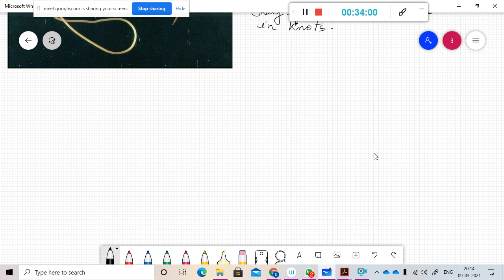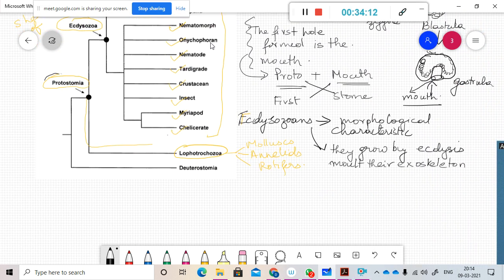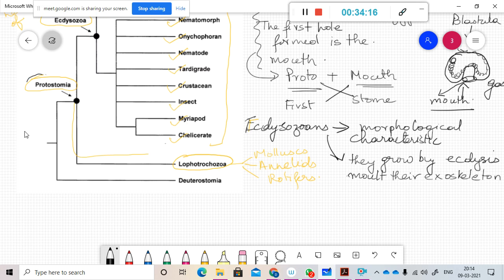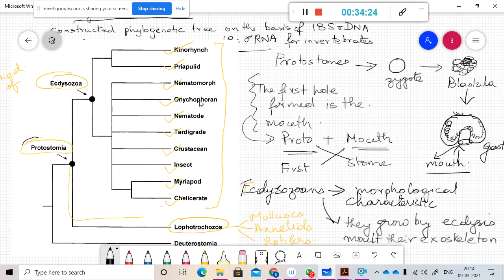The next one is the tardigrades. We have finished kinorhynchs, priapulids, nematomorphs.